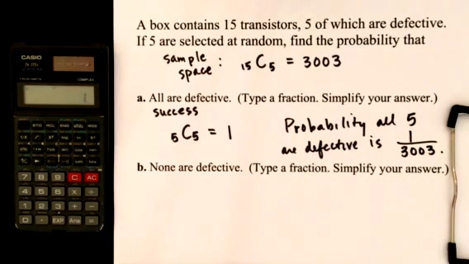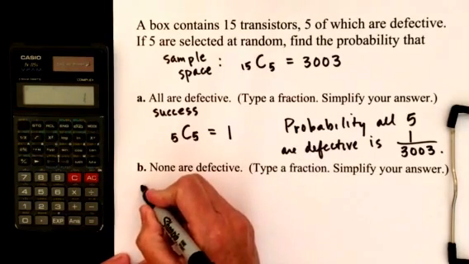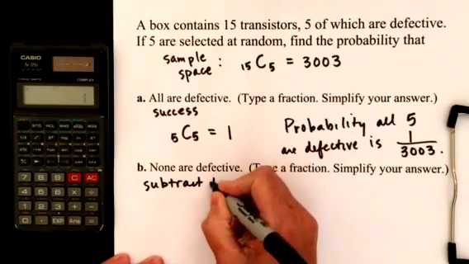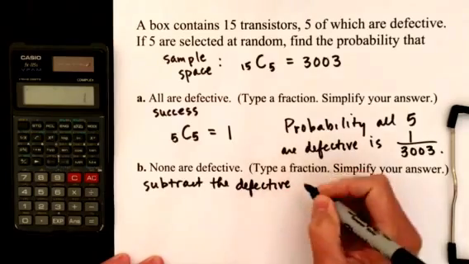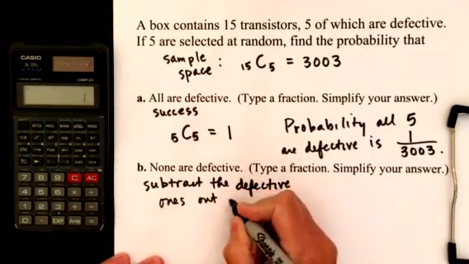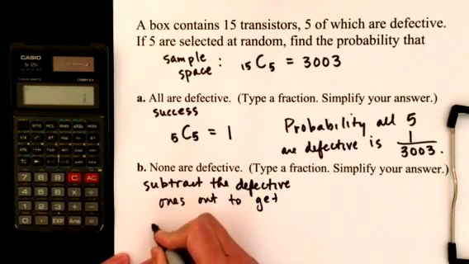Now for part B, we want to know the probability that none of them are defective. There are 15 transistors, 5 are defective, so we're going to subtract the defective ones out to get 10 good ones. 15 minus 5 equals 10.